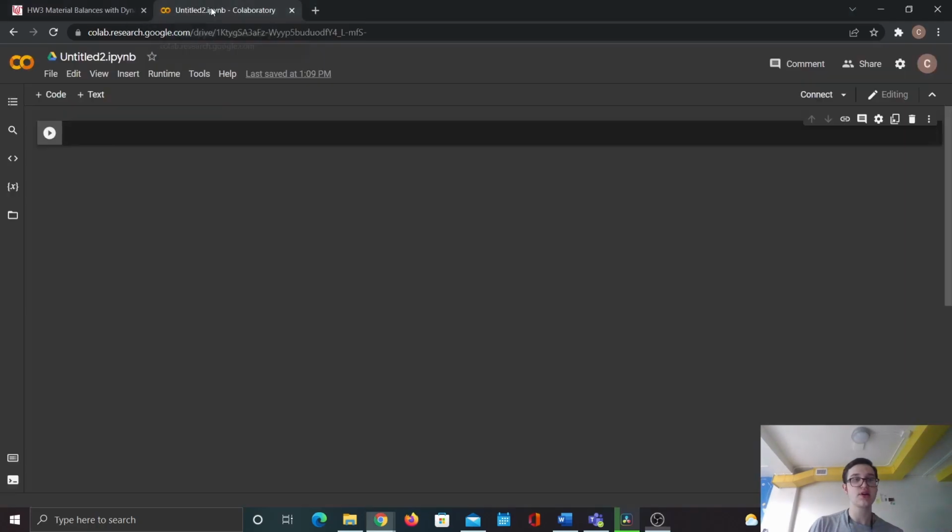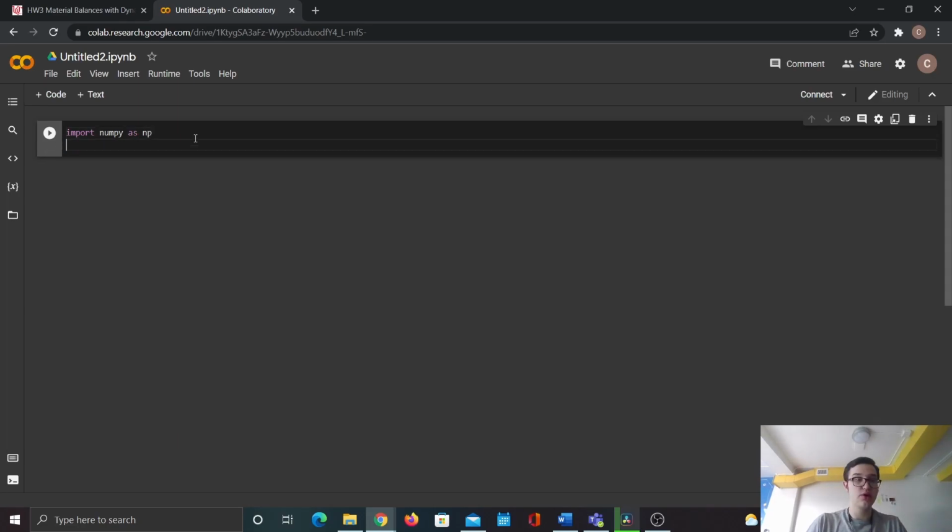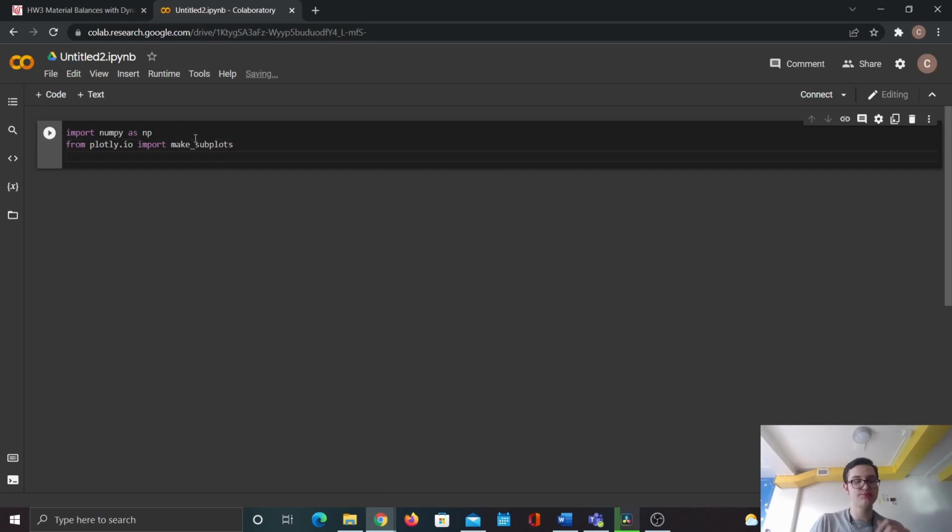So let's get started. First and foremost, per usual, we're going to import numpy as np. We're going to be using numerical Python for most, if not all, of our math, besides the solving of the IVP. And we're also going to be using subplots, so we want from plotly.io import make_subplots.